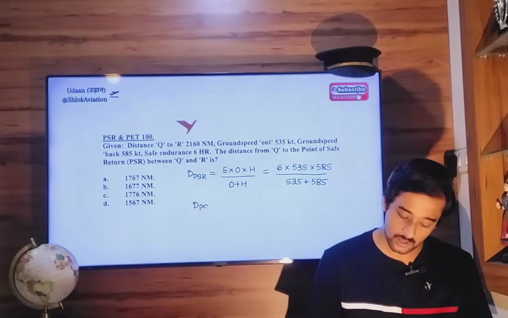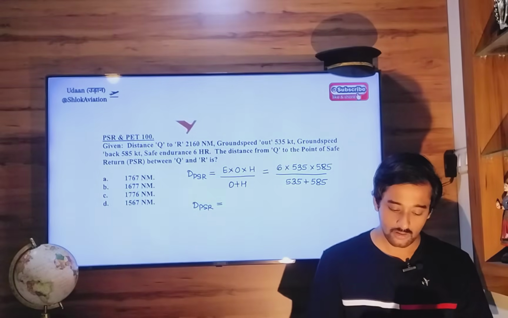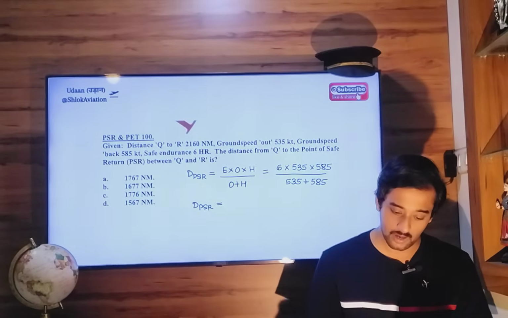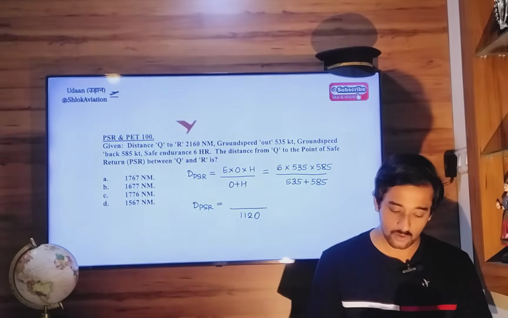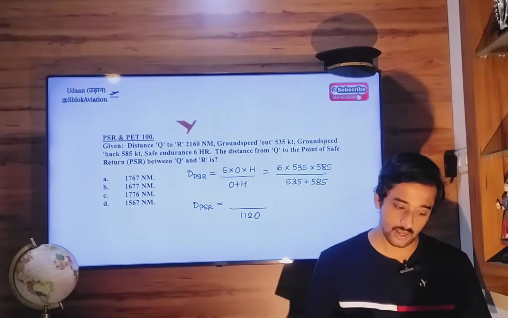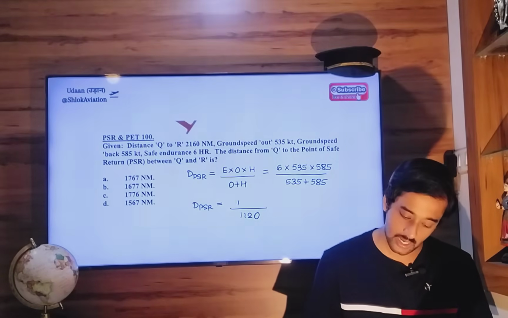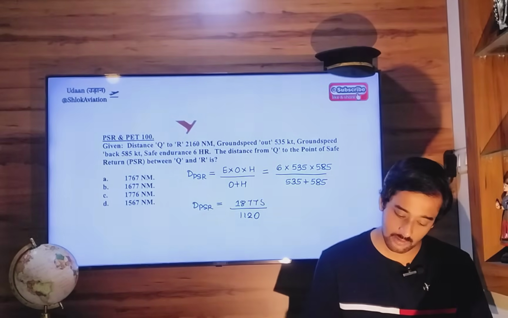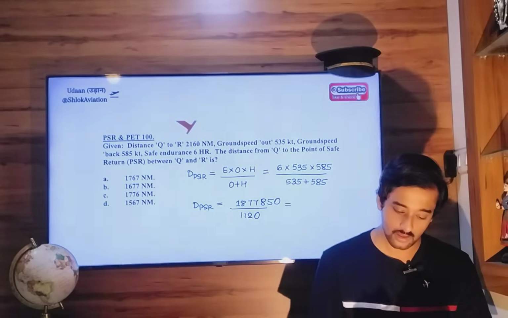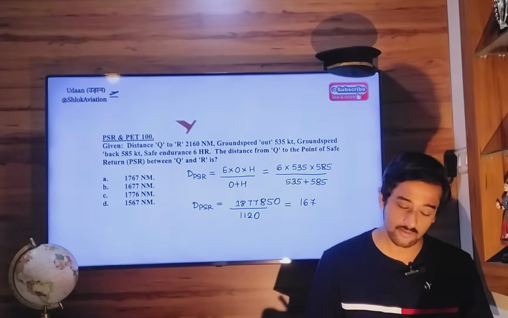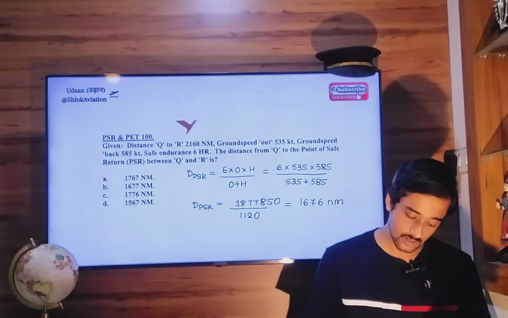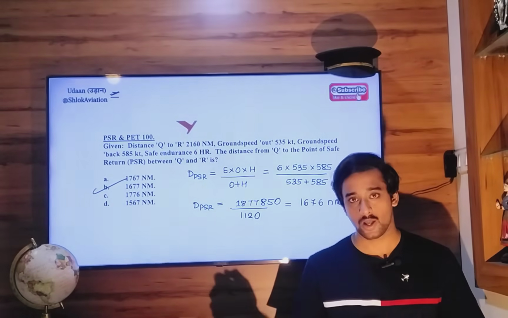So 535 plus 585, 1120. 6 into 535 into 585 is 1877850. So that is equal to 1676 nautical miles. So option Bravo is the right one.